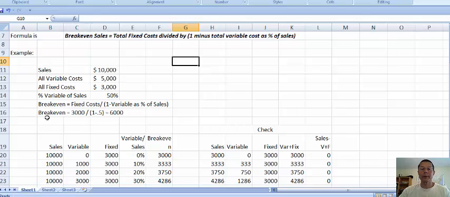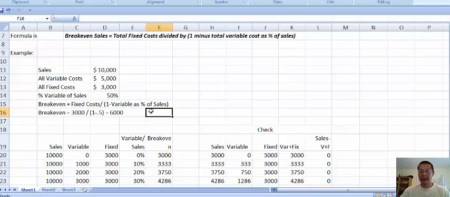So applying the formula, the break-even is 3,000 divided by 1 minus 0.5. You could do 100% minus 50%, and that would still be the same. And applying the algebra, we know that that's equal to multiplying by 2. So 3,000 times 2 is $6,000 in break-even sales.